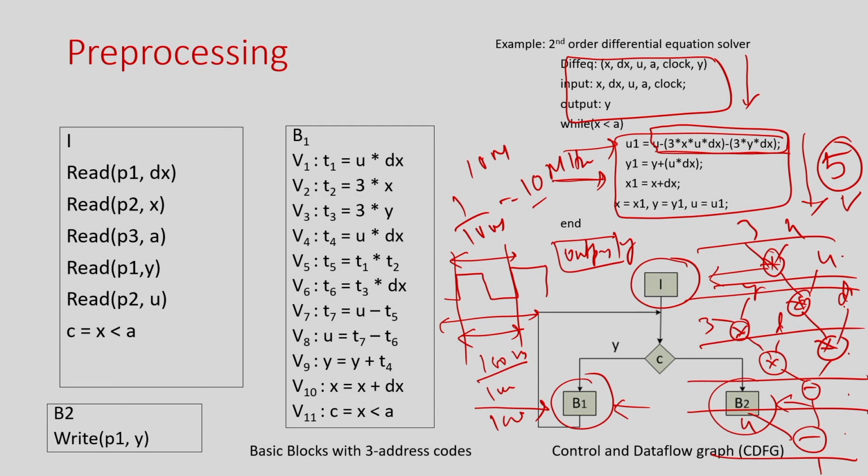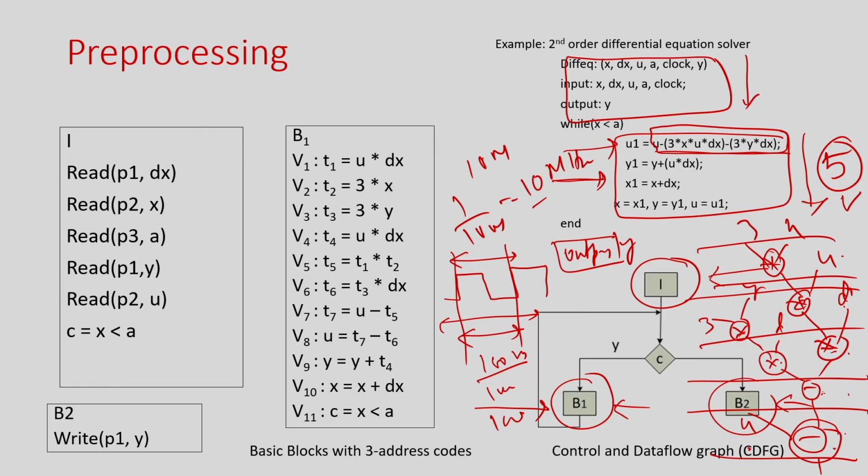So, to identify which operation is executed in which clock, you need to understand the data flow. For example, in the diagram I have drawn here, I cannot execute this operation in clock 1 until all these operations are done, right. This depends on this operation.